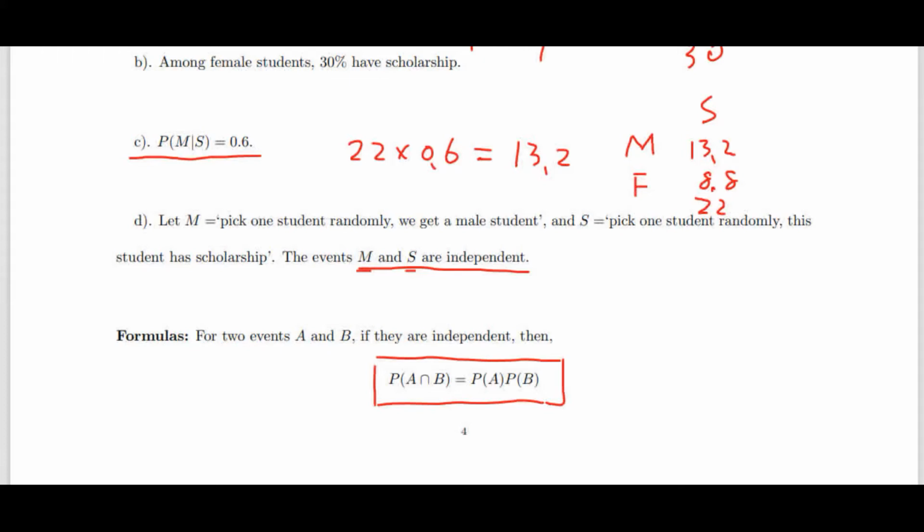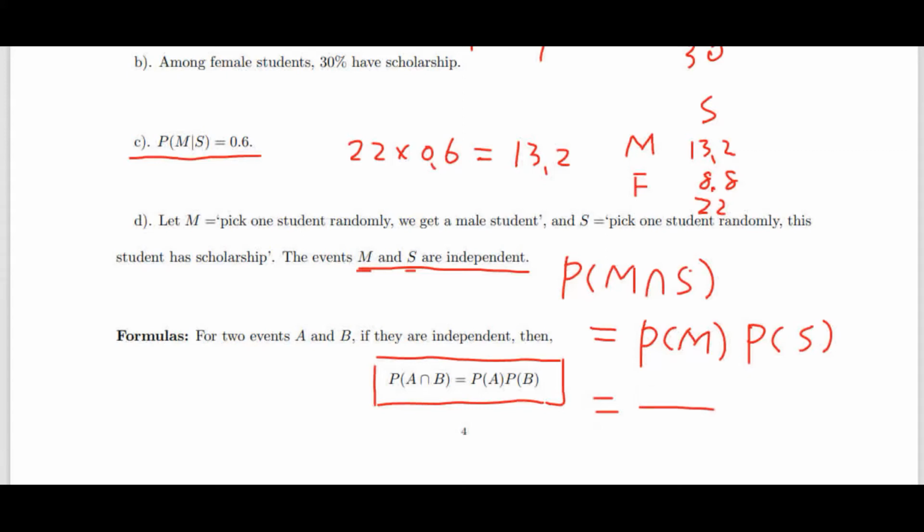So here we also have, okay, male and scholarship. This is actually the male students with scholarship, right? So this equals P(M) multiplied by P(S). Here P(M) is the percentage of male students. We have 50 students in total, 20 are male, and among the 50 students, 22 have scholarship, right?